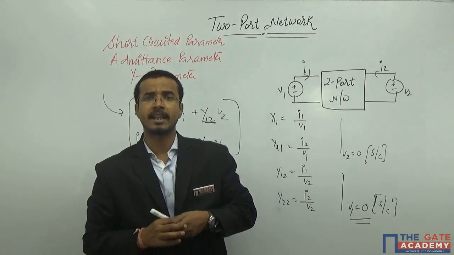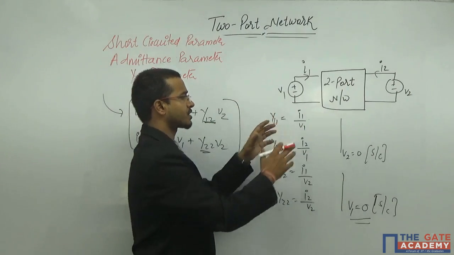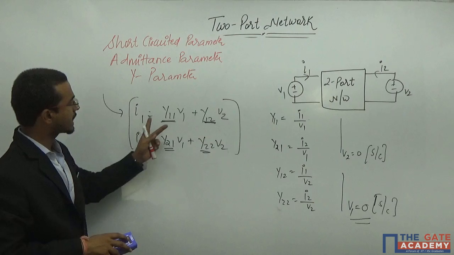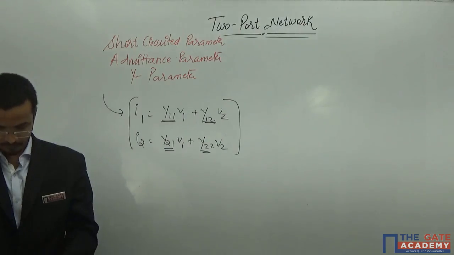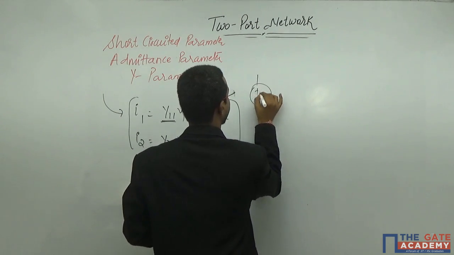That means just the selection of independent and dependent variables will change my entire structure of the parameters. Now again try to draw the equivalent circuit of these particular equations. Again draw the ports exactly.